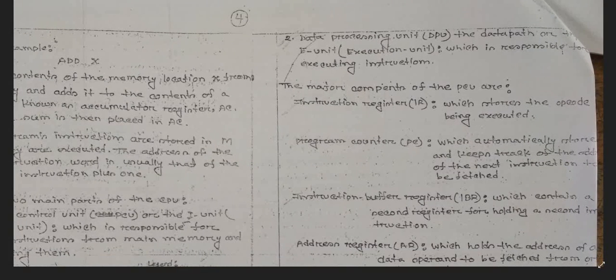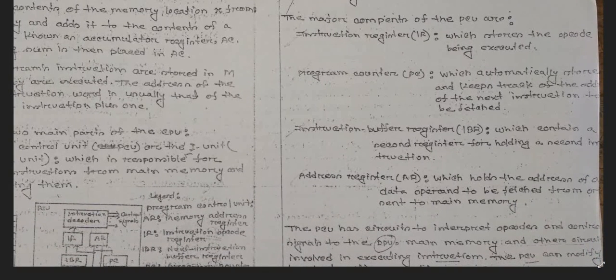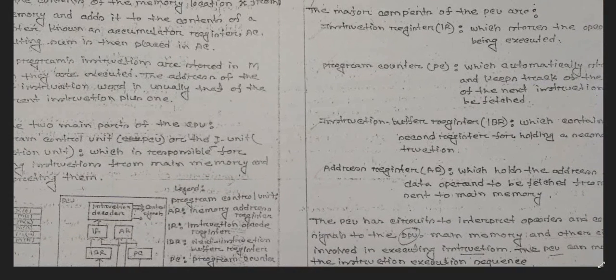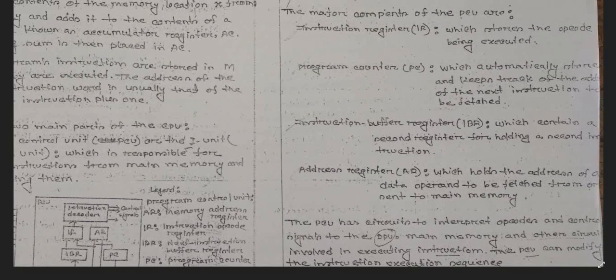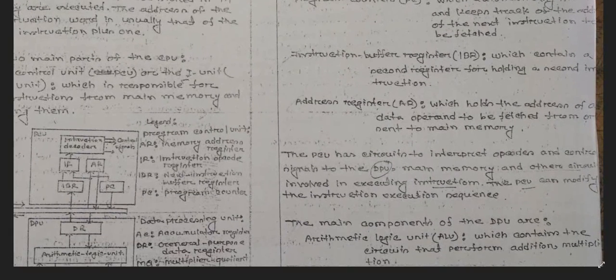Here is some description on DPU. We have already known the major task of the instruction register, which is for opcode execution, and the program counter is for counting the program values, and then the buffer register, which is connected as the second register for holding the second instruction, and the address register is for the data operand to be fetched from the next main memory.